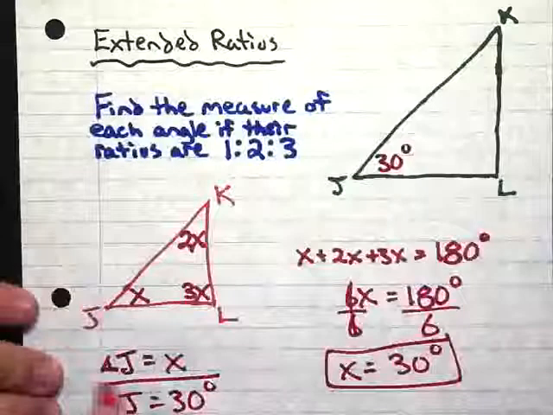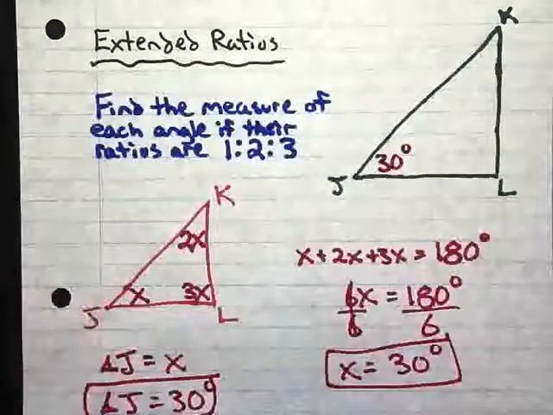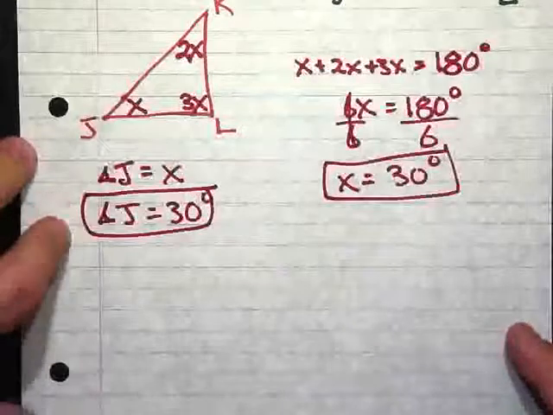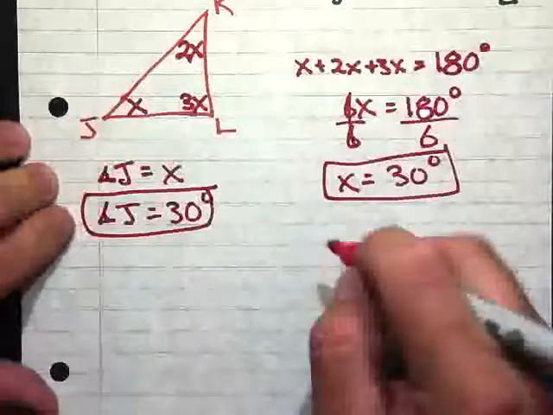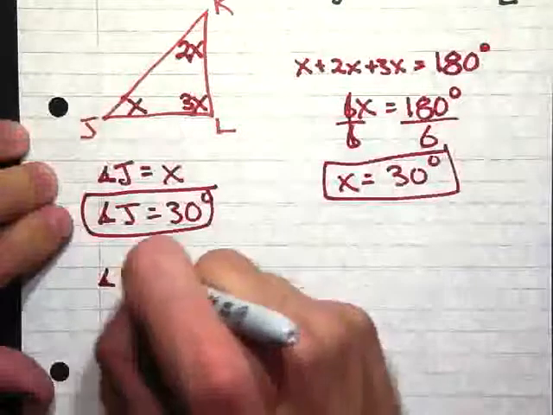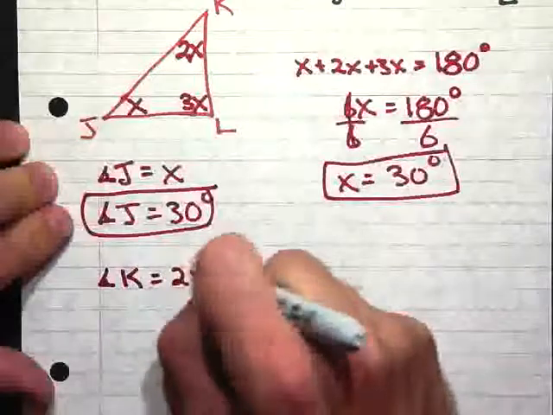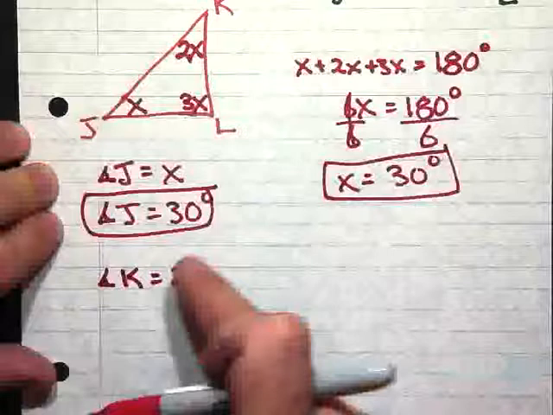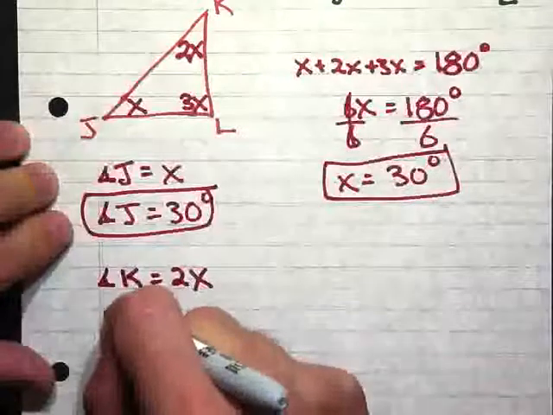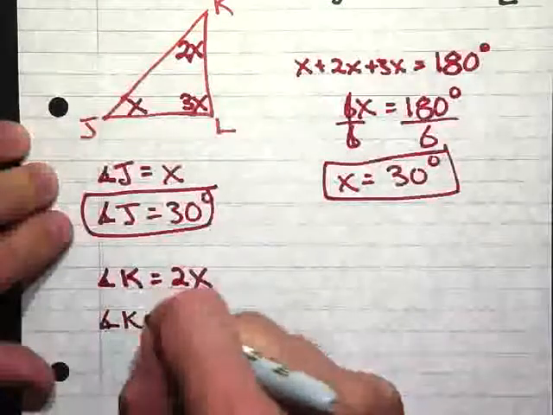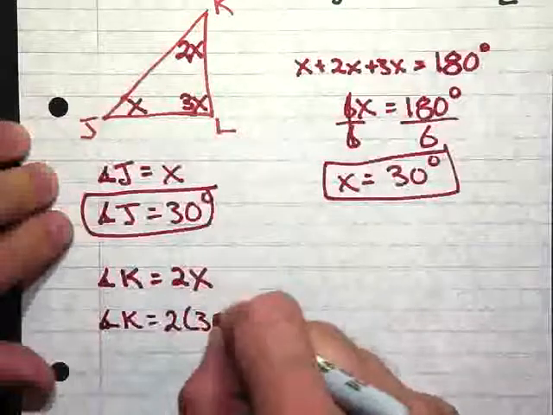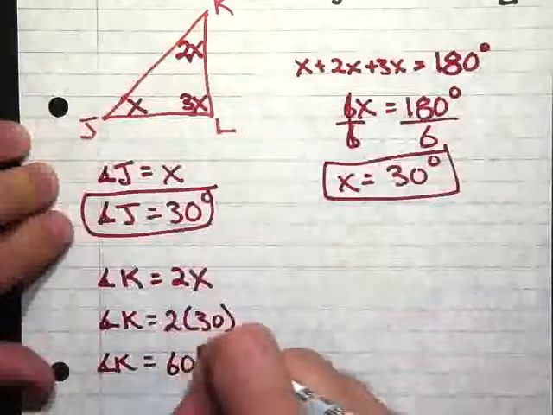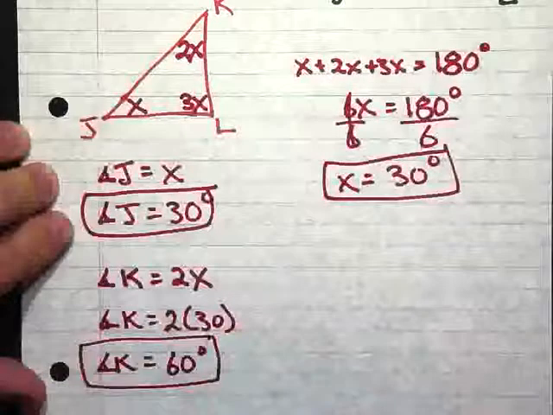So there's angle J. Then I want to do the same thing for angles K and L. If angle K equals 2x, and I know x is 30, I substitute 30 in for x. So I get angle K equals 2 times 30. So angle K equals 60 degrees.